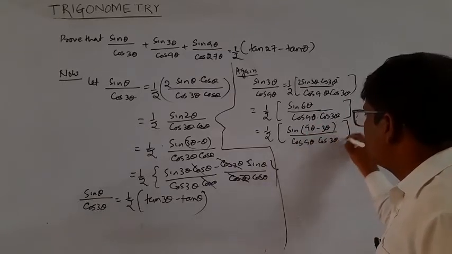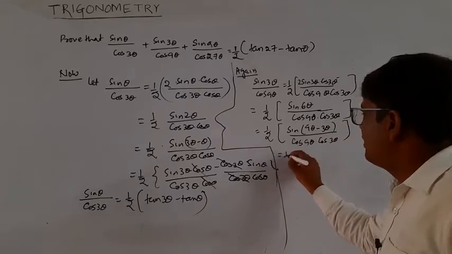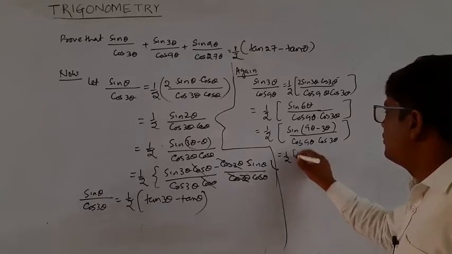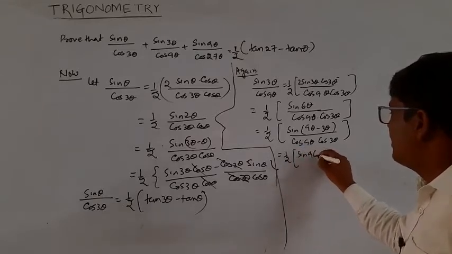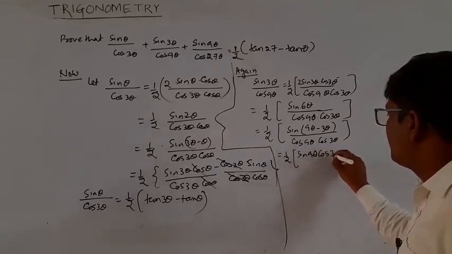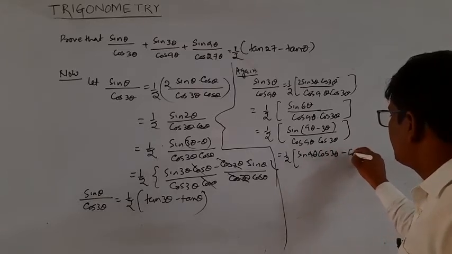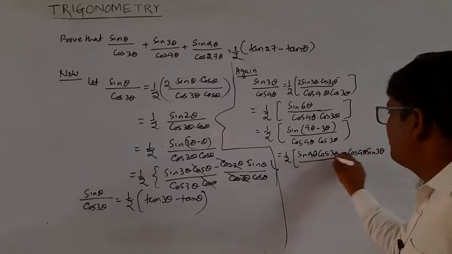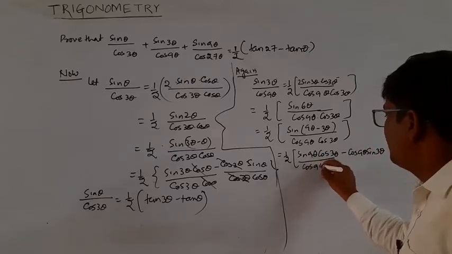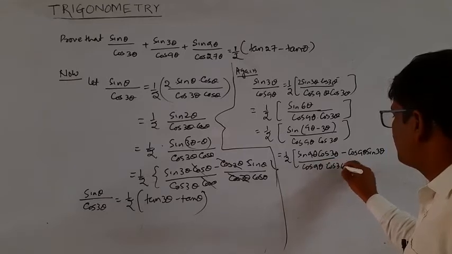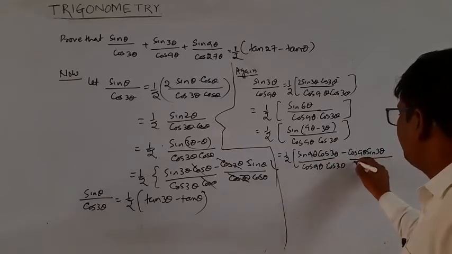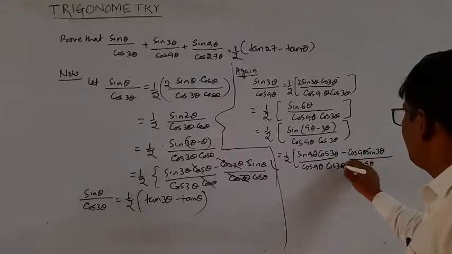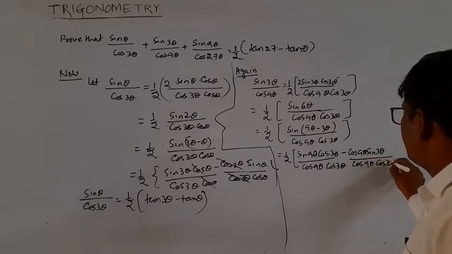So apply the sin A minus B formula, that is 1 by 2 into sin 9 theta cos 3 theta minus cos 9 theta sin 3 theta, divided by cos 9 theta into cos 3 theta.